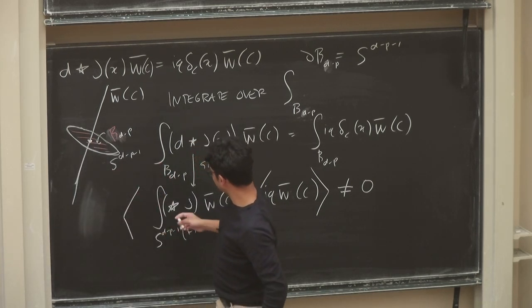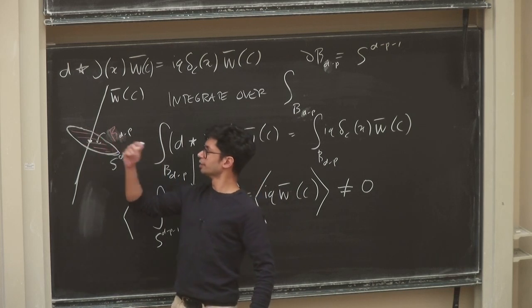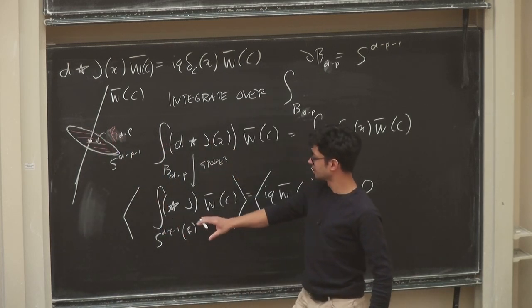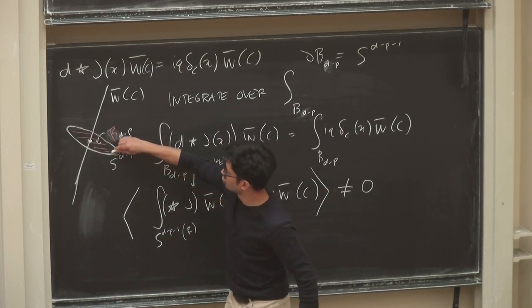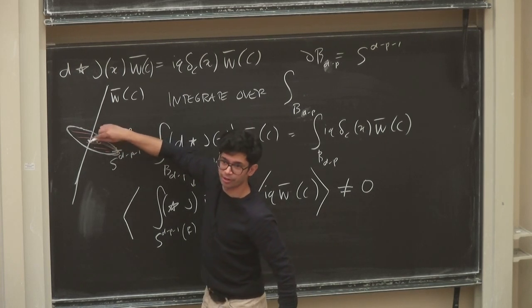So again, the integral over the edge of the sphere must exactly balance the correlation function of J with this line operator.